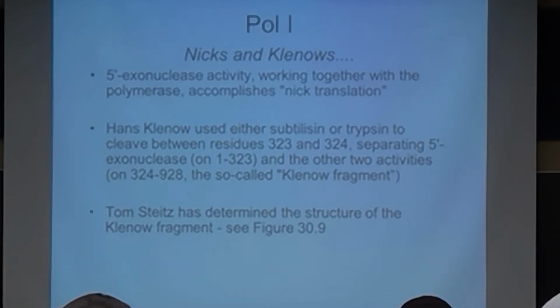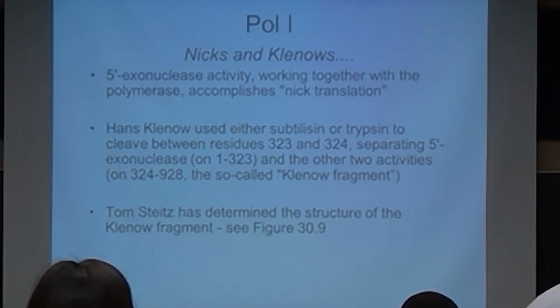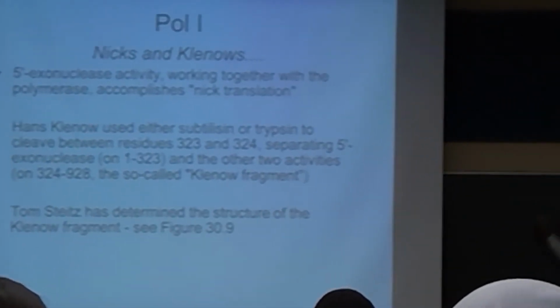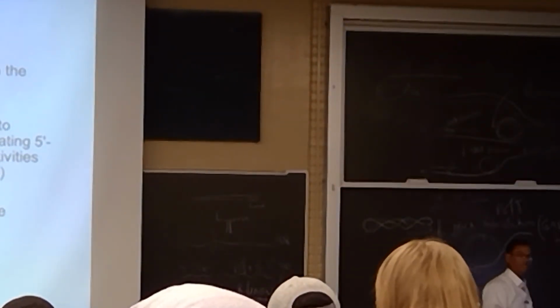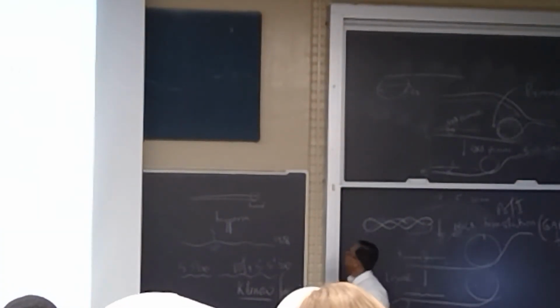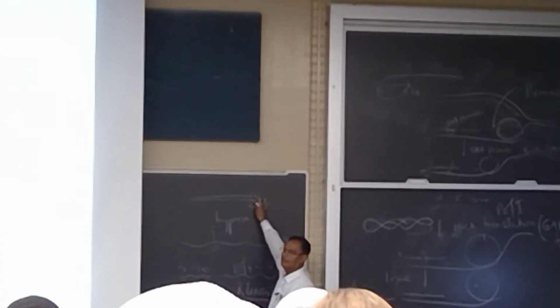With the overhang, you can fill this up with radioactivity. You supply radioactive nucleotide, alpha 32P dATP, and Klenow, and the 3' end will be filled, correct?